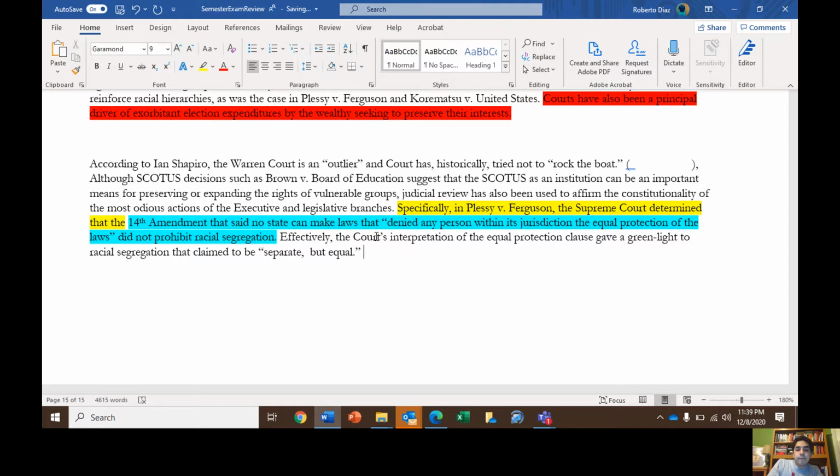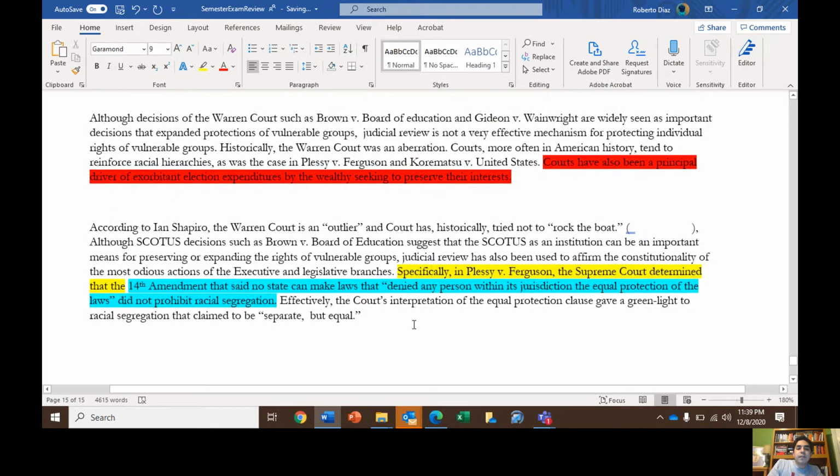Right. And so this is an instance in which the court again has this kind of heinous opinion, and it comes down on this constitutional question of whether racial segregation is constitutional or not, whether it violates the Equal Protection Clause of the United States Constitution, or the 14th Amendment, which it seems to violate at least the spirit of, and the Supreme Court says no, right? Which doesn't get overturned until 1954 in Brown versus Board of Education, and there's all sorts of backlash.